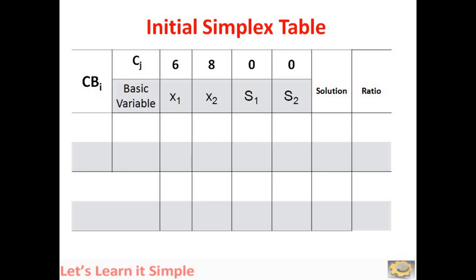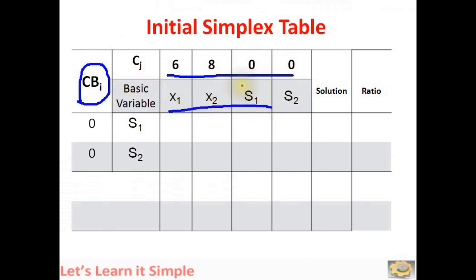Usually this slack will be taken as basic variables. Now this CBI stands for coefficient of the basic variable. So this is from the objective function. Out of this, s1 and s2 are brought here as basic variables.